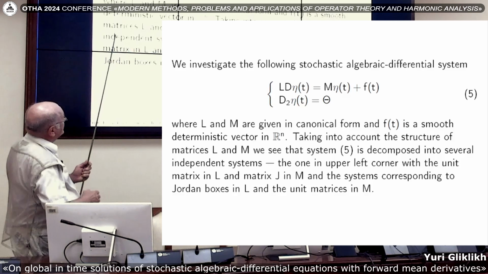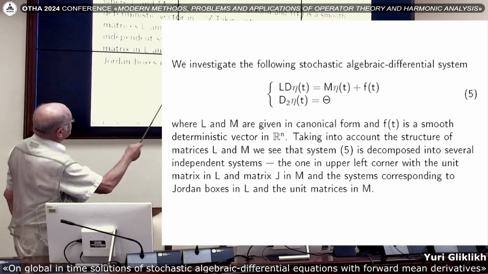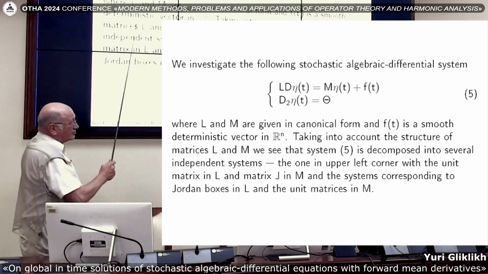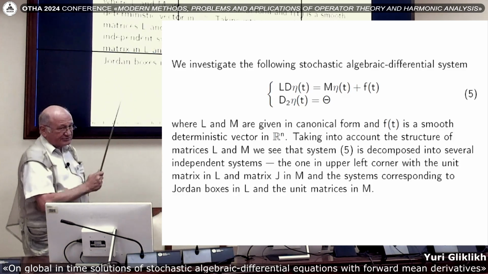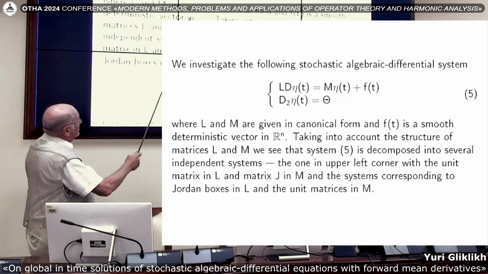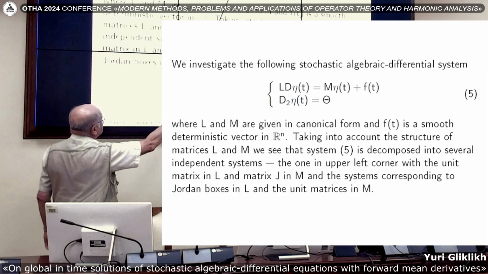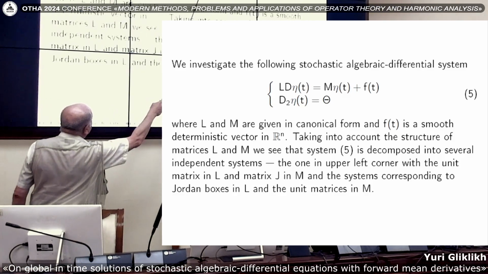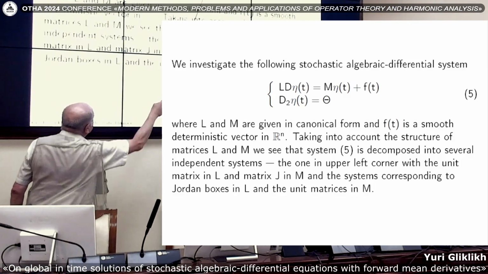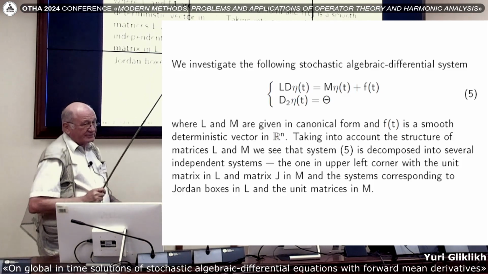Now we consider the following stochastic algebraic differential system. All matrices here are in canonical quasi-diagonal form. L forward mean derivative of eta equals M eta plus a continuous deterministic signal.